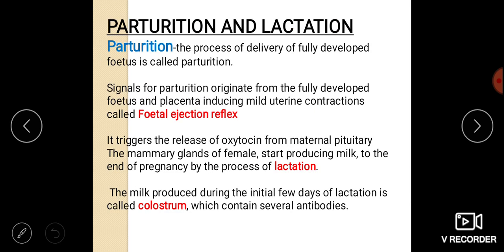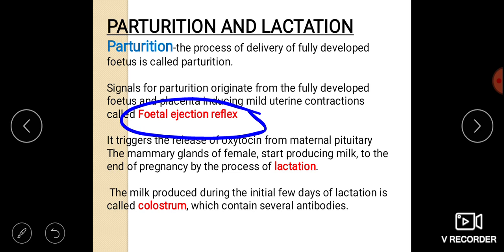Now when the fetus is fully developed, some signals arise from the fetus as well as the placenta for its ejection from the body. We call it fetal ejection reflex. This is asked sometimes in the exam.